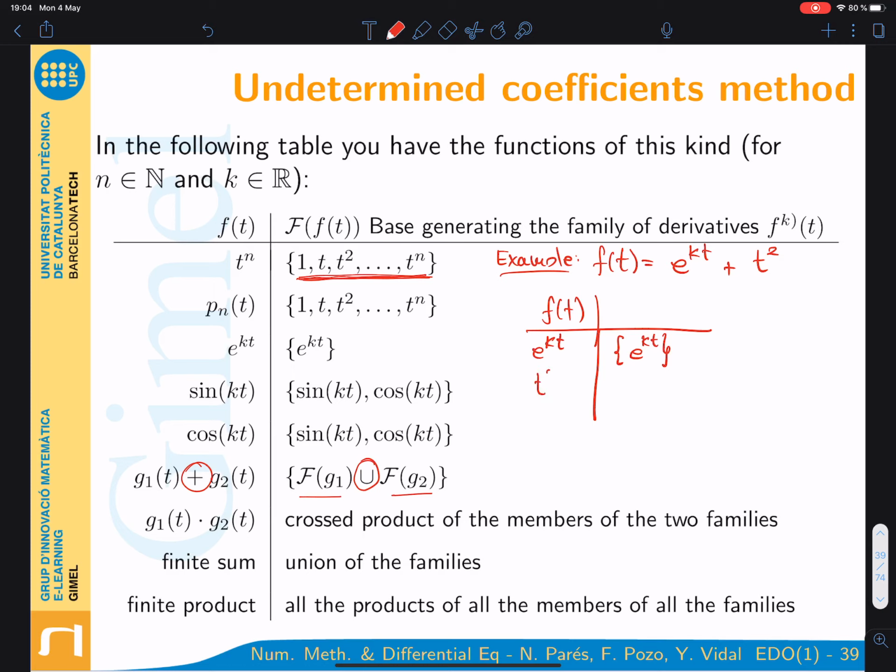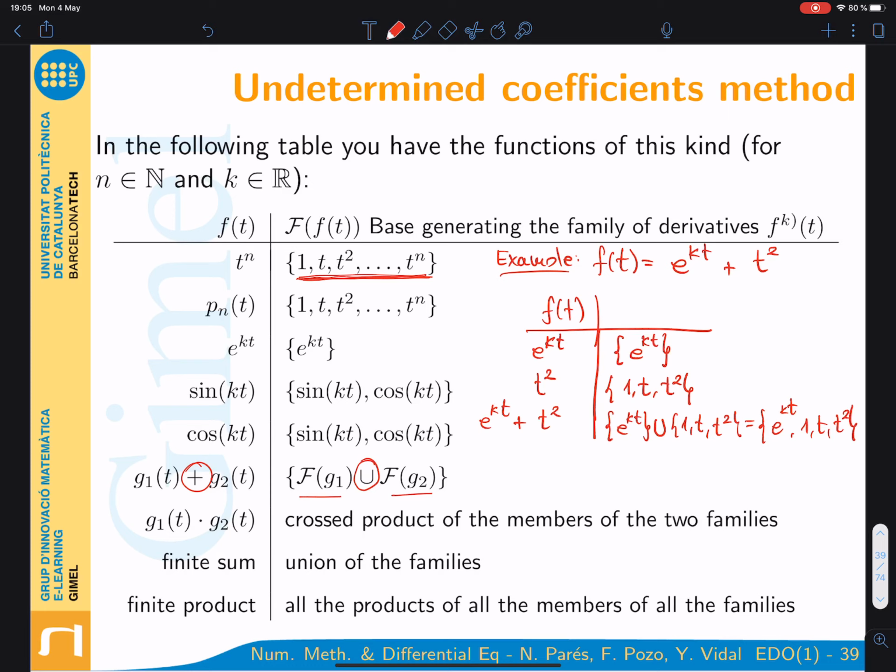And when I have a polynomial, the basis is 1, t, and up to t squared. Now, if I have the sum of these two functions, then its basis is the union of these two bases.